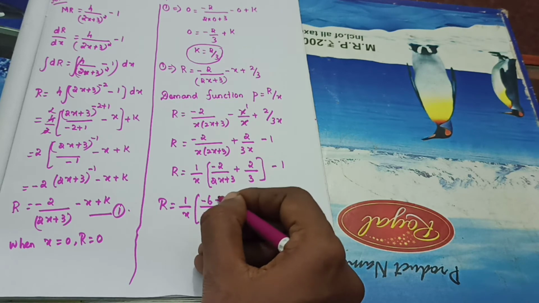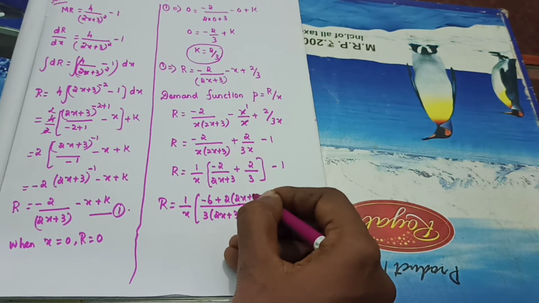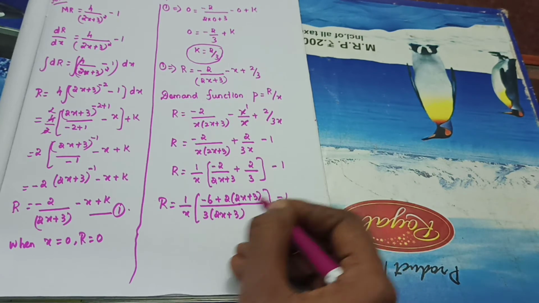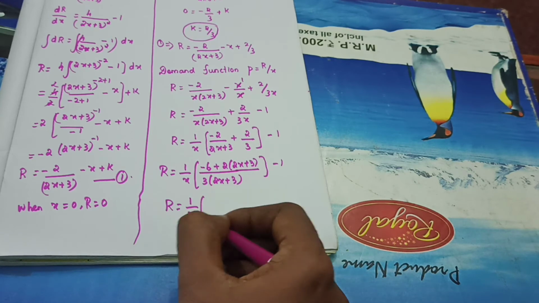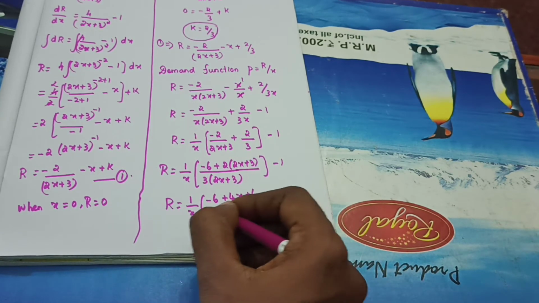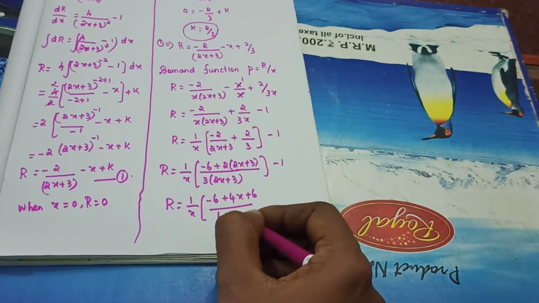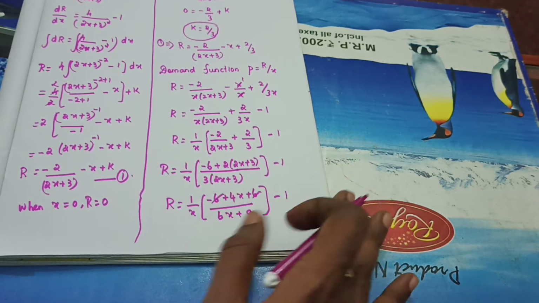Cross multiply, minus 6 plus 2 into 2x plus 3 minus 1. That is R is equal to 1 by x into minus 6 plus 4x plus 6 divided by 6x plus 9 minus 1. So this will get cancelled.